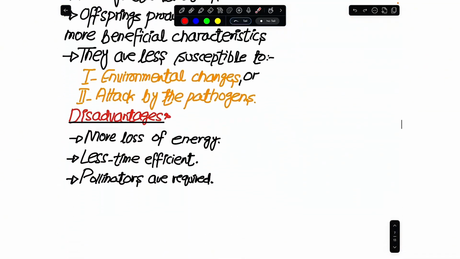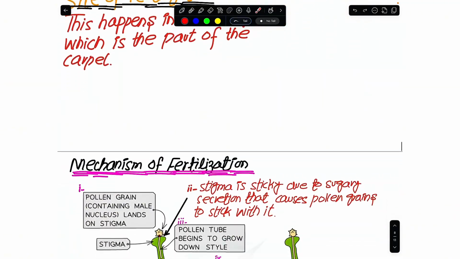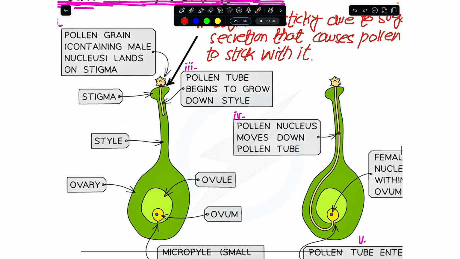Now, it is important that we must know the overall mechanism of how this fertilization is brought about. So before I proceed, I'm just recalling it one more time. This overall is the female part, which is carpel. Here we have the stigma. In between them, we have the style. Here, what we have are the ovaries.